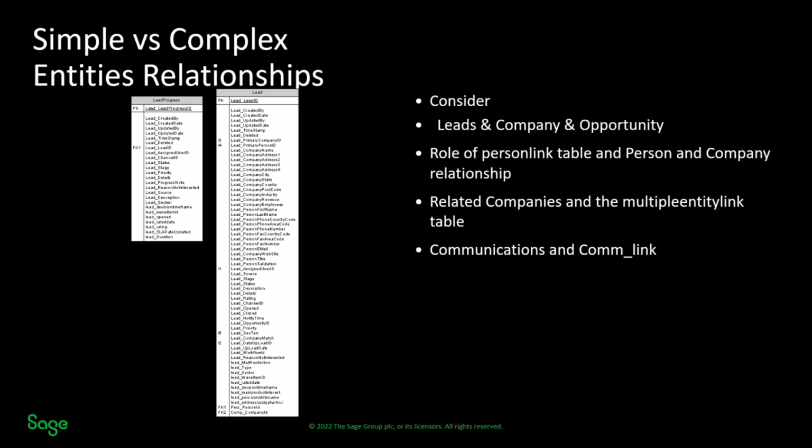Move across to the company, and suddenly you're dealing with more than 5 tables: the company table, the person table, and a link entity between those, which allows you to describe a relationship and the type of role the person has within that company, called the person link. So a company person link.